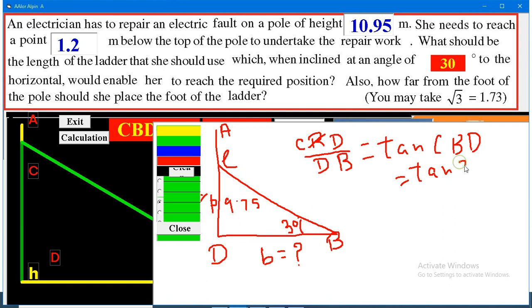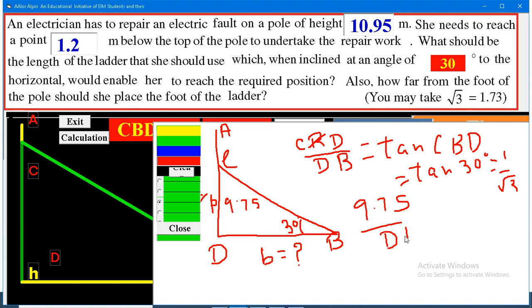These values you have to know. Tan 30 is 1 by root 3. Now CD is 9.75. Substitute the value. I have to find DB.